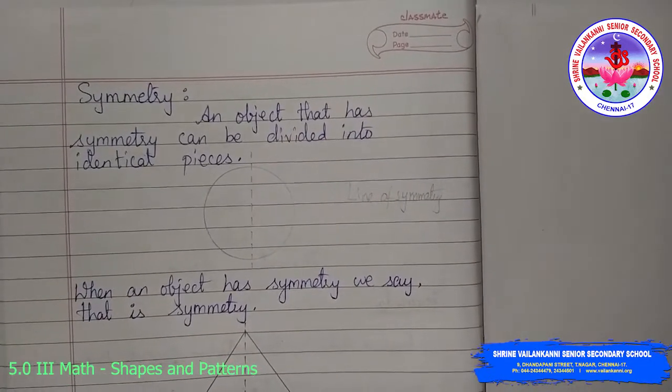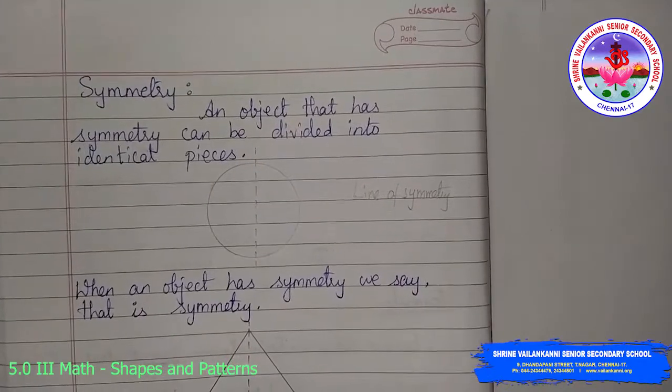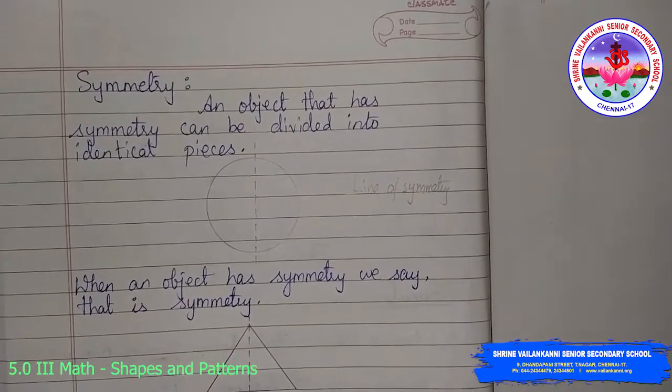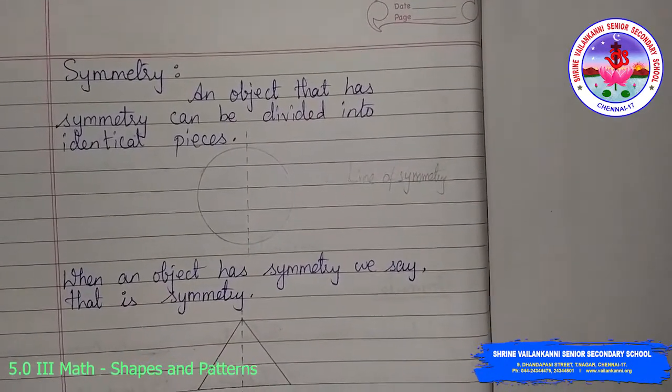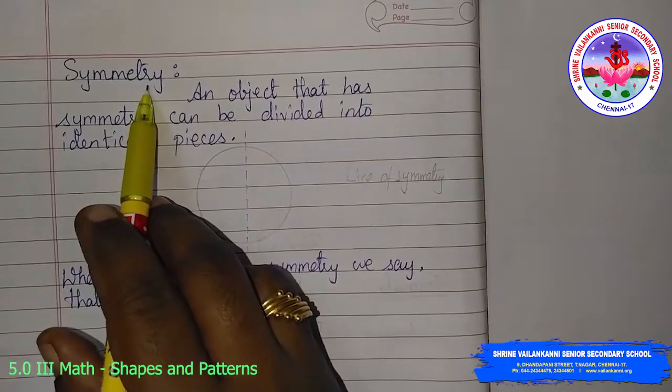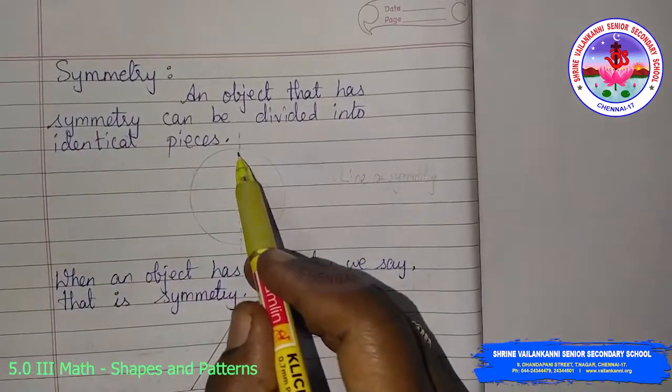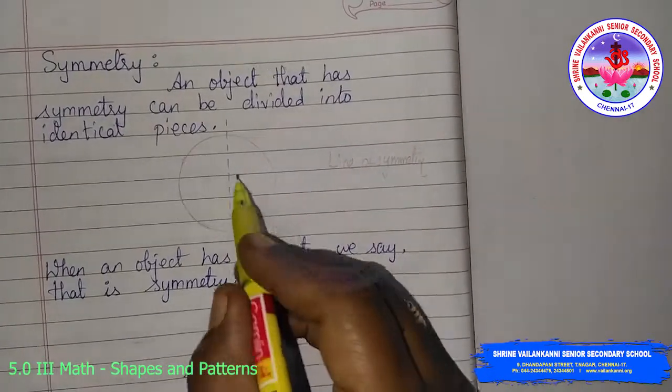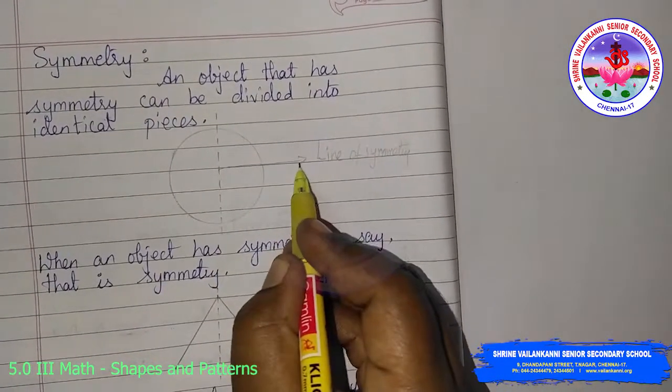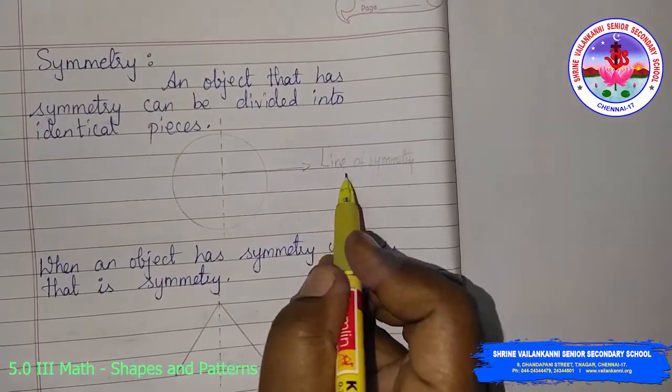That is, it shows a mirror image. That kind of object we treat as having symmetry. The line which you draw is called the line of symmetry.